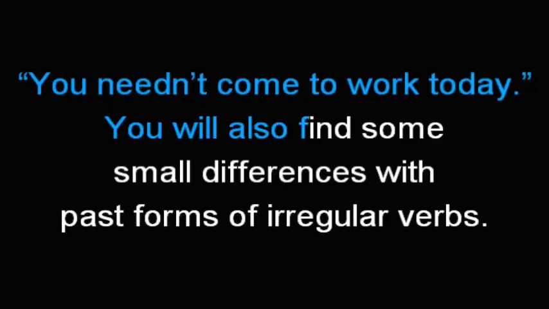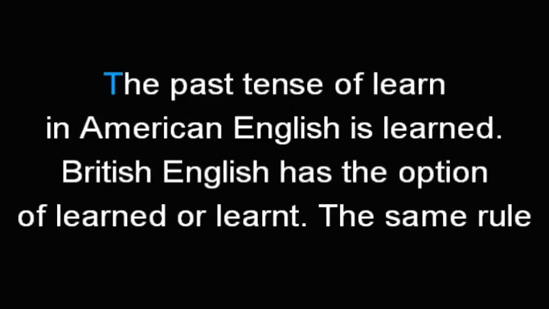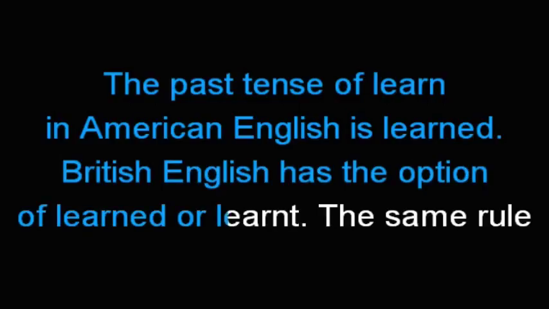You will also find some small differences with past forms of irregular verbs. The past tense of learn in American English is learned. British English has the option of learned or learnt. The same rule applies to dreamed and dreamt, burned and burnt, leaned and leant.